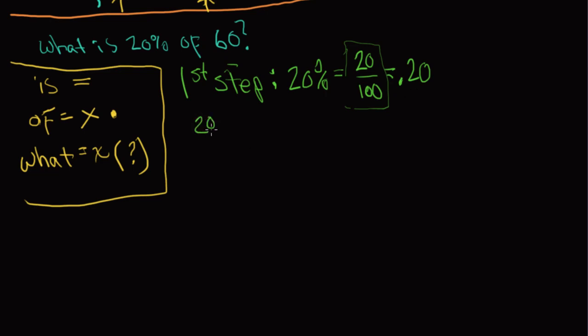First thing I'm going to do is just reduce this term a little bit before I use it in my problem. So 20 out of 100, if I divide everything by 5, or actually I could just divide by 20, we end up getting 1 over 5, 1/5.